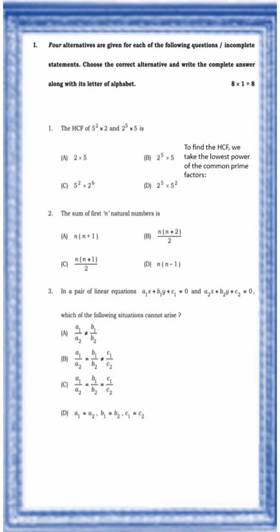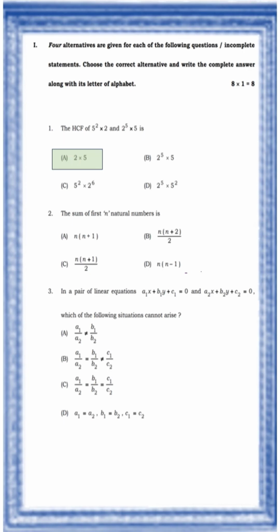Both 5 and 2 are prime factors. 5 is common, and its lowest power is 5 to the power of 1, that means 5. Among 2 and 2 to the power of 5, the lowest power is 2. So here HCF is 2 into 5, option A is correct.